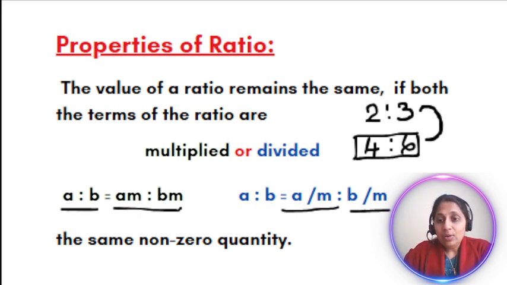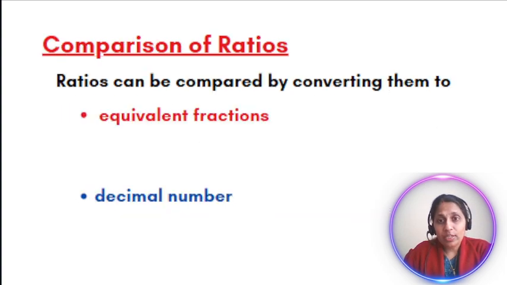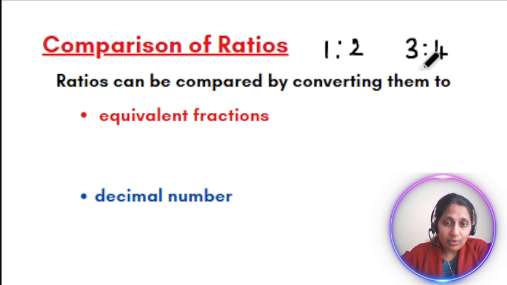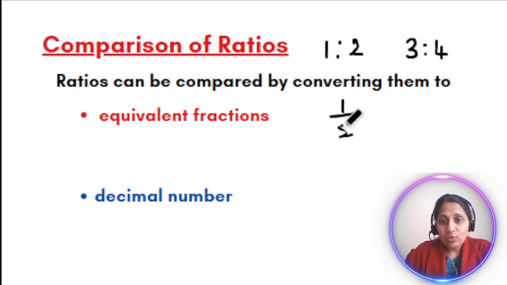Now, how do we compare 2 ratios? Say for example, let's take the ratios 1:2 and 3:4. We can compare ratios either by converting them to equivalent fractions or by getting the decimal value. In fraction form, you get 1 by 2 and 3 by 4.